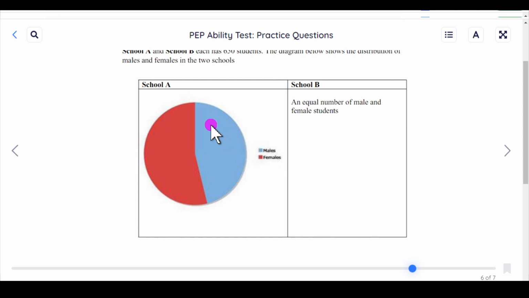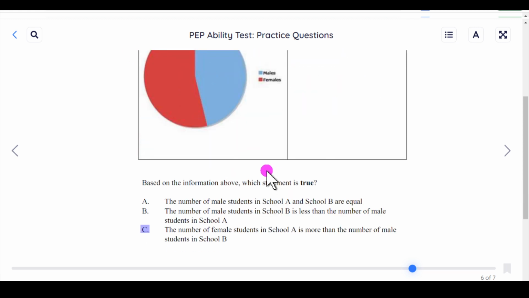So the blue represents the males, and the other color I'm not sure if we can call this red, but let me call it red. This would be the females. So this is not quite down the middle. If it was dead in the middle, it goes over a little on this side. If we were to continue this imaginary line, it's a little bit more than half. Okay? So in school A, we have more females than males.